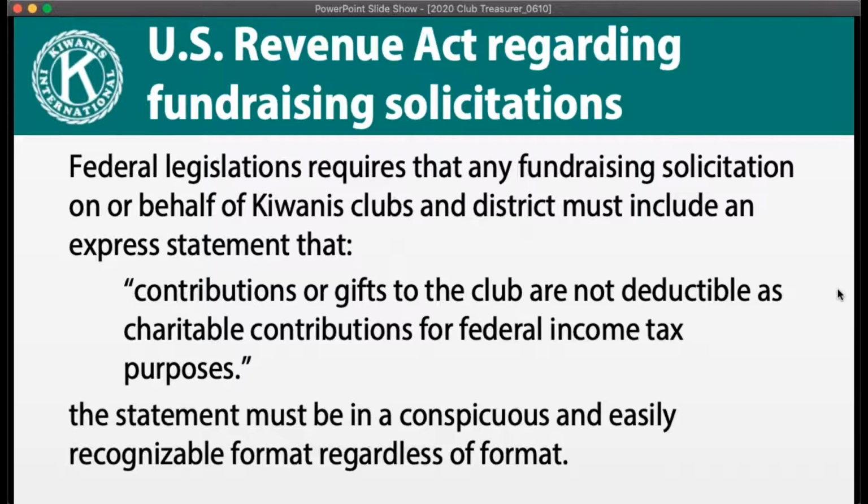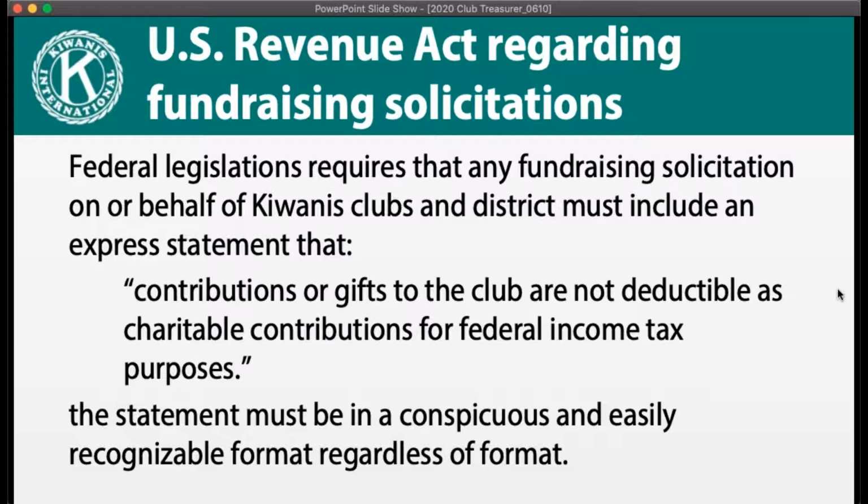The U.S. Revenue Act regarding fundraising solicitations is exceptionally important, and I briefly talked about it in the member invoices section. So the U.S. federal government requires any and all fundraising solicitations on behalf of Kiwanis clubs and Kiwanis districts to include an express statement that says contributions or gifts to the club are not deductible as charitable contributions for federal income tax purposes.